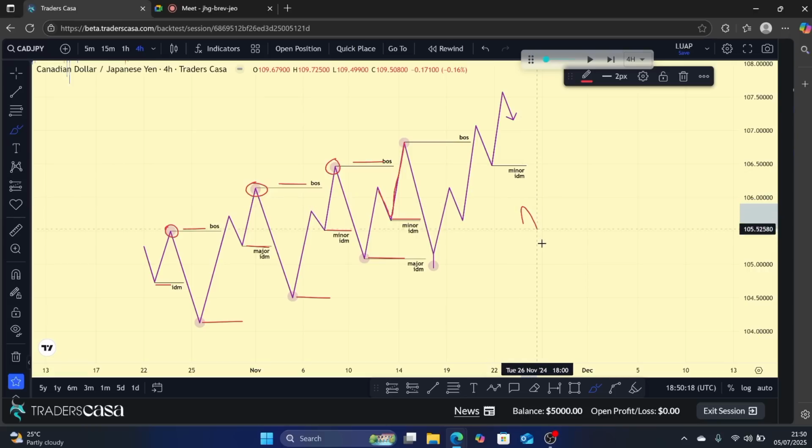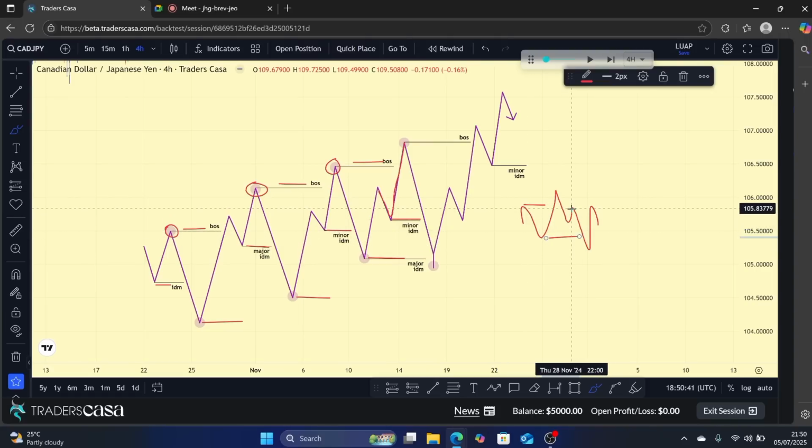So price took out that high, then created this low, then did that, and then after that price reverses back, takes out that, and then you can clearly see in this scenario, price took out the inducement and made a valid break of structure right here, because after the inducement is taken out, this one is a confirmed low.